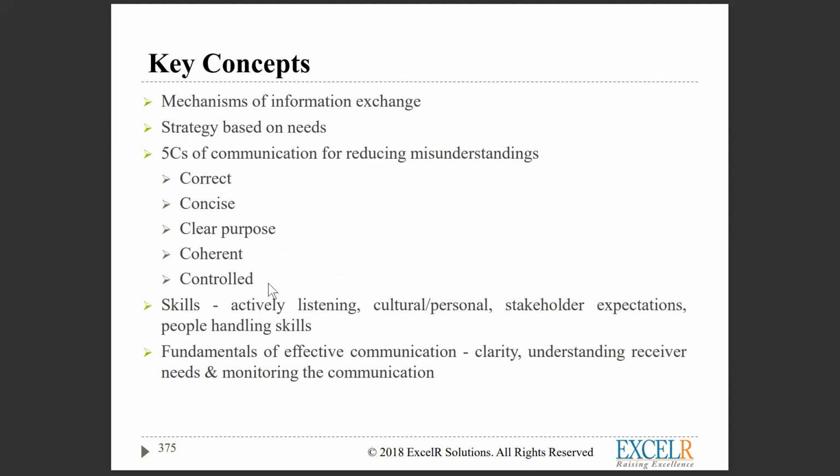When you're talking or sending any email, it should be in a controlled manner. You cannot say no blatantly. You can't use bad words when you're communicating, either verbal or formal. Those are the things.